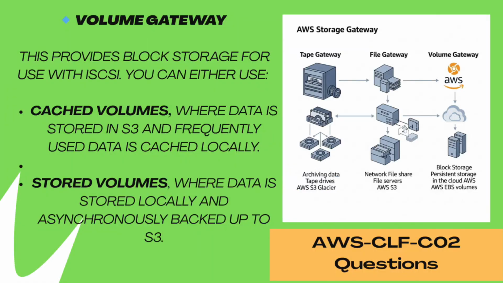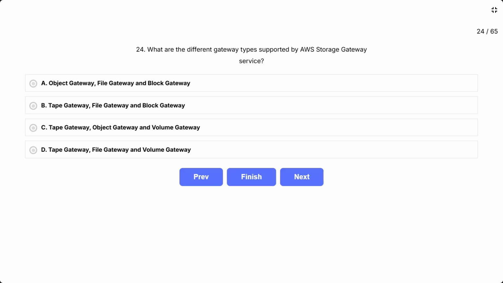Then we have volume gateway. You can either use cached volumes where data is stored in S3 and frequently used data is cached locally, or stored volumes where data is stored locally and asynchronously backed up to S3. So the correct answer is D.